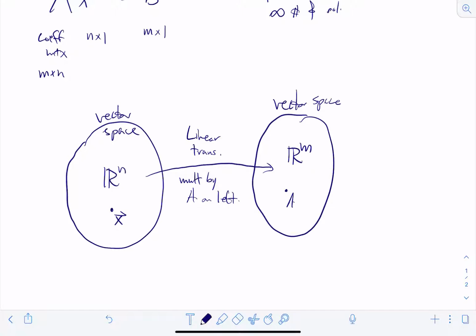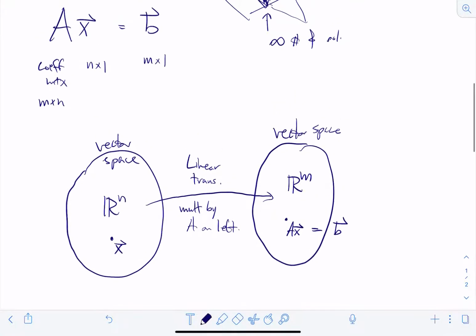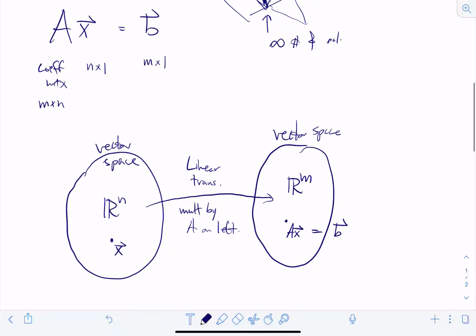That's called Ax, and that's the image of x under this linear transformation. And then we call this image B, right? Okay, so all of a sudden we switched from solving a linear system to thinking about it as linear transformations.